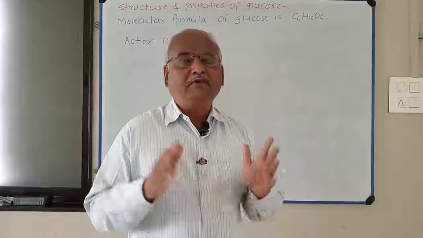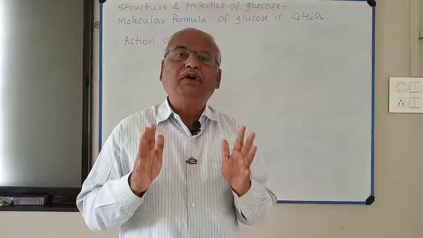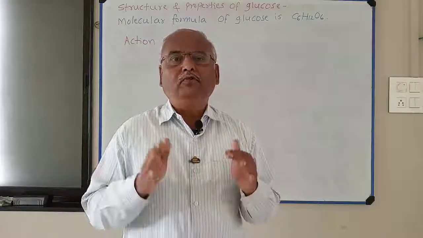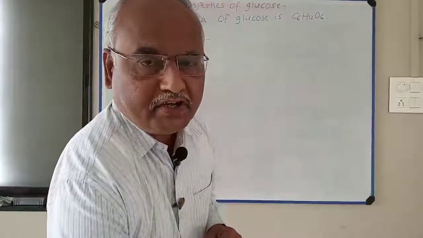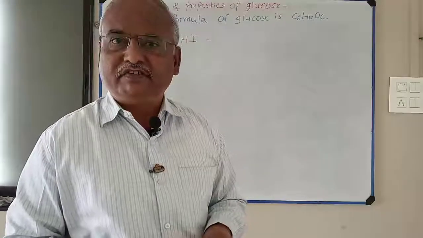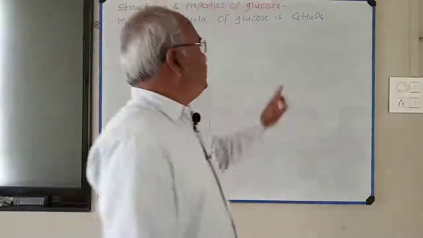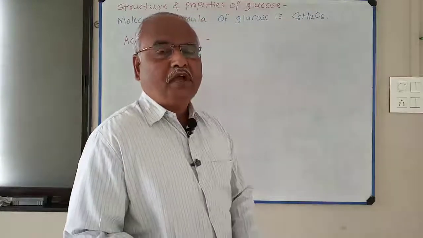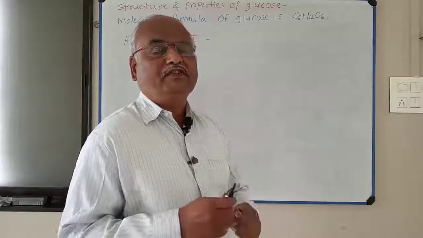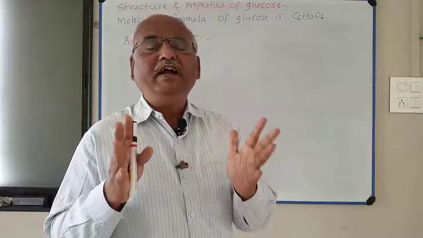After studying some reactions, some properties of glucose, the open chain structure was suggested. We are going to study that evidence. One more thing I want to tell you, in glucose 6 carbon atoms are present. Out of 6 carbons, 1 carbon is in aldehyde group.